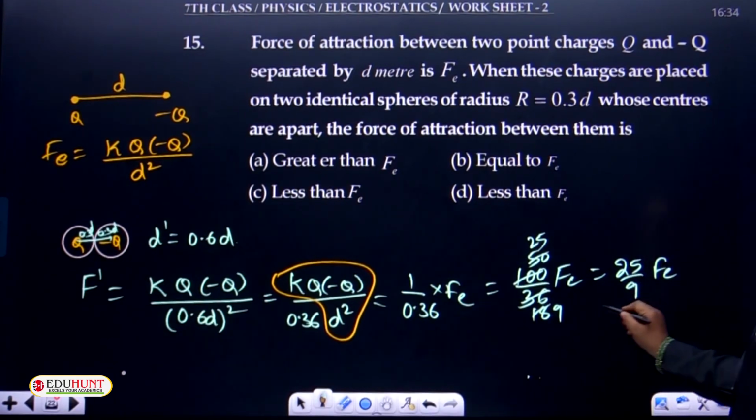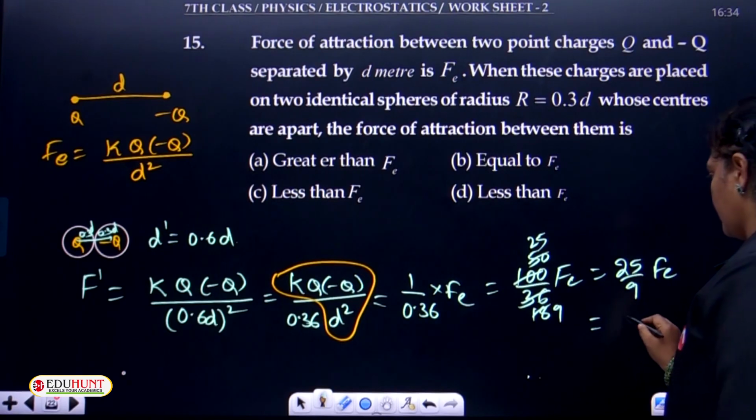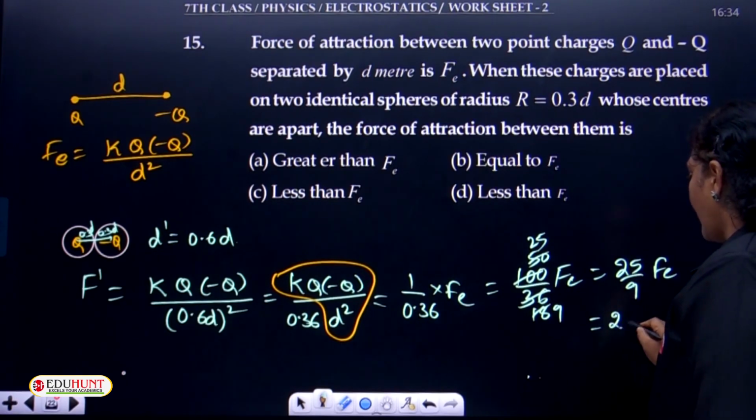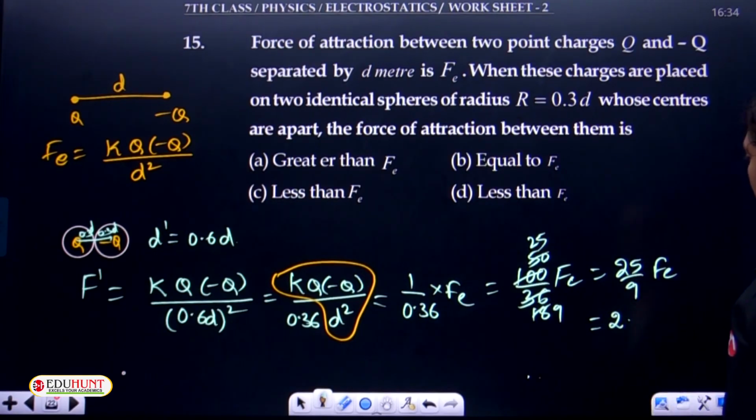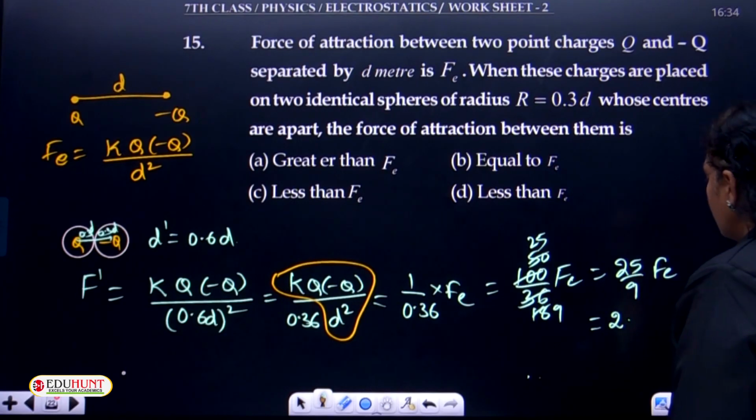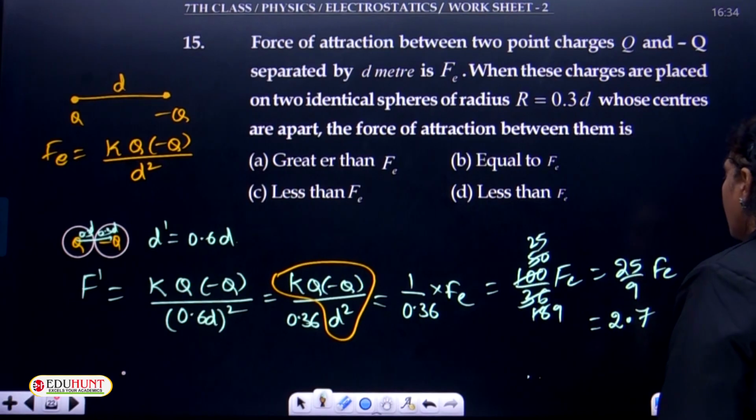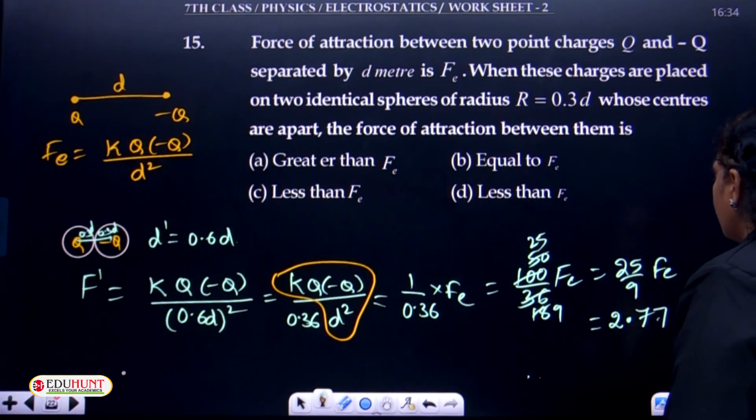Or this can also be calculated as 25 divided by 9, which is something like 2.77.